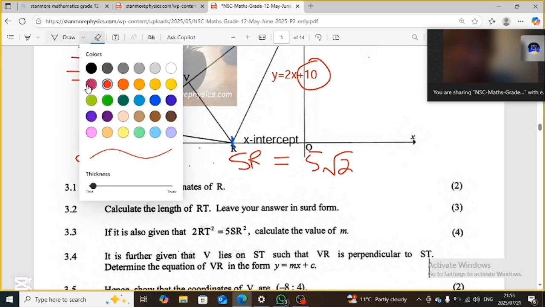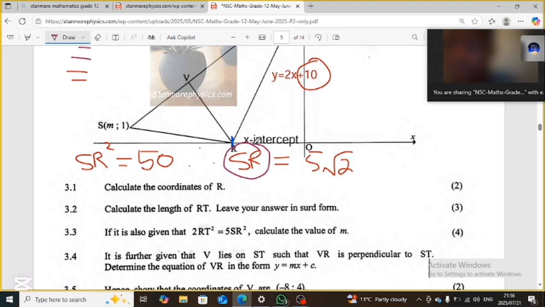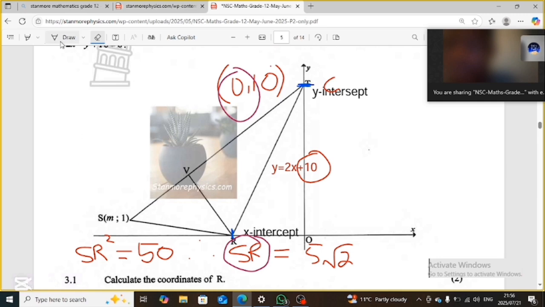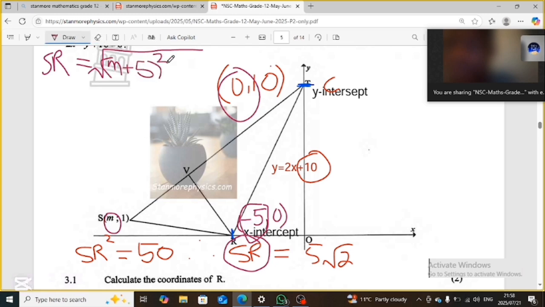By using the distance formula, we are going to substitute the coordinates of S and R, of which we know that the coordinates of R are (negative 5; 0), and the coordinates of S are given as (M; 1). Therefore, the length of SR will be equal to the square root of (M minus negative 5), giving us M plus 5 all squared, plus (1 minus 0) all squared, giving us 1.